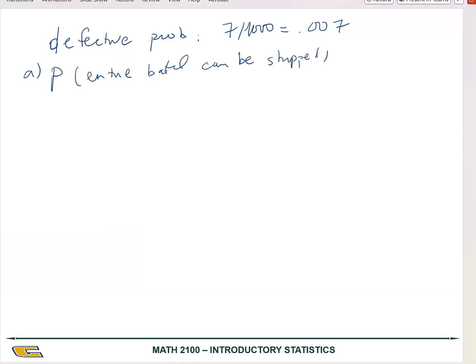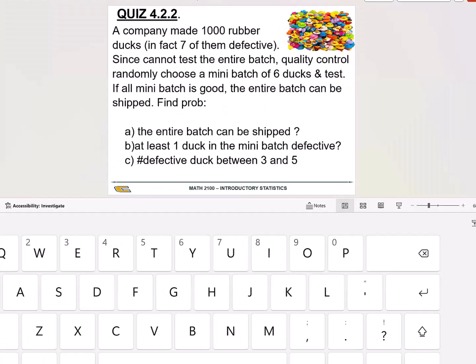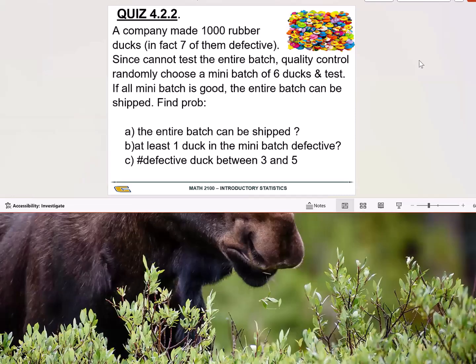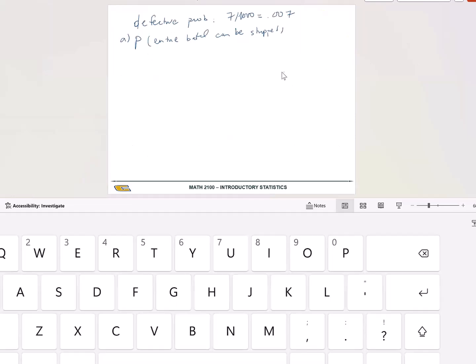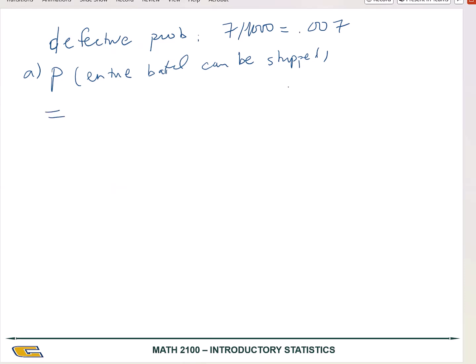So the entire batch can be shipped if the whole mini batch is good, right? So which is the probability that all ducks in the mini batch are good, right?